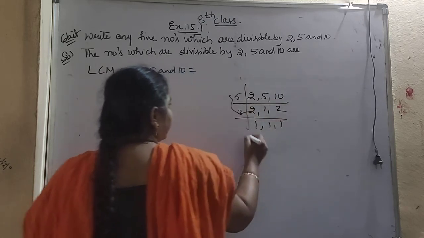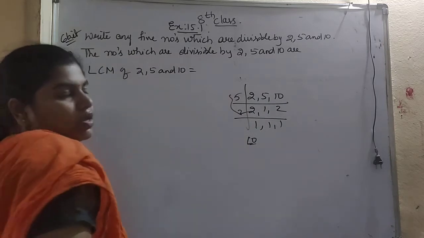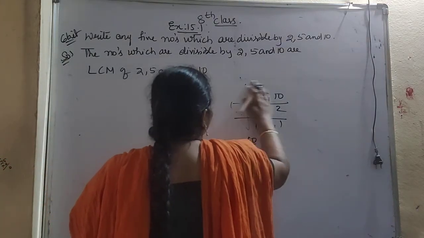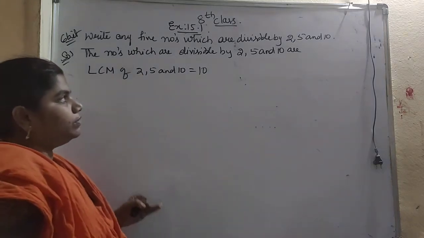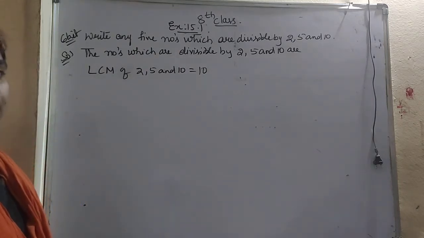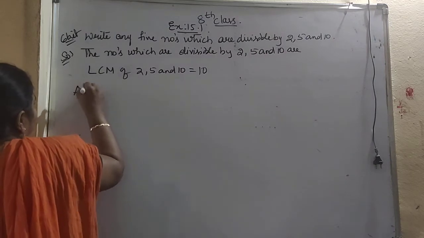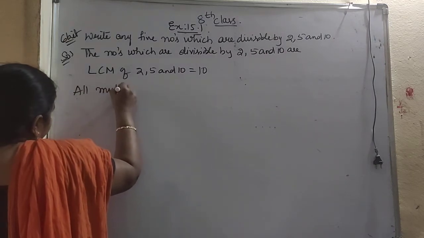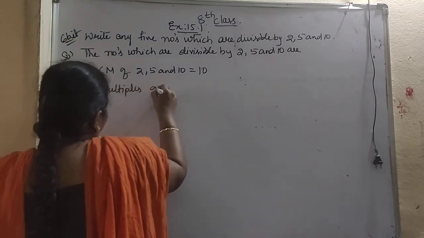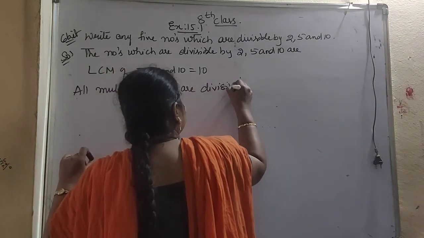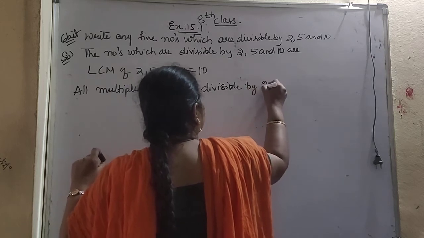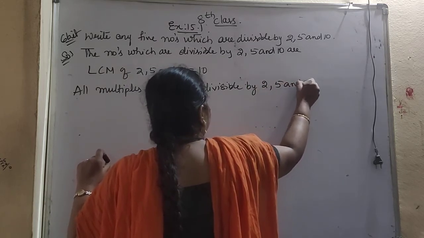So what is the LCM here? 10 is the LCM. So all the multiples of 10 are divisible by 2, divisible by 5 and also divisible by 10. So all multiples of 10 are divisible by 2, 5 and 10.